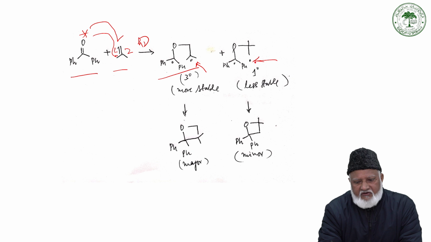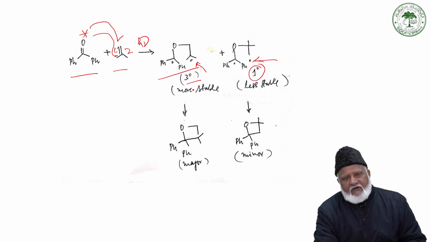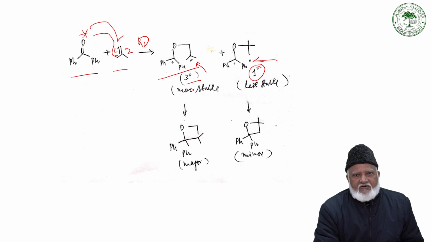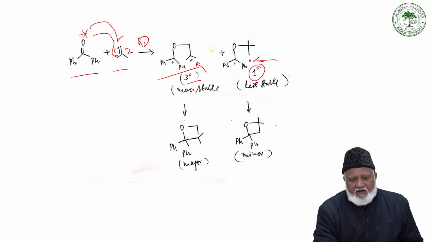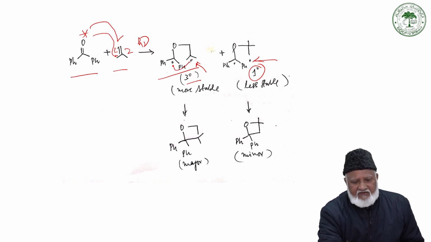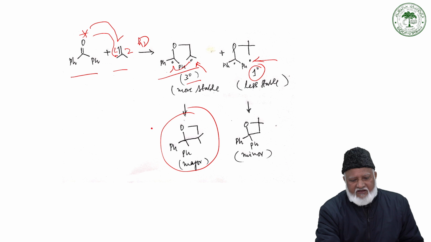The carbon-centered radical is going to decide the stability. Here you can say that this is the tertiary radical and this is a primary radical, and we know that the stability of radicals is in the order tertiary more stable than primary. This combines to give this as the major product and this as the minor product.